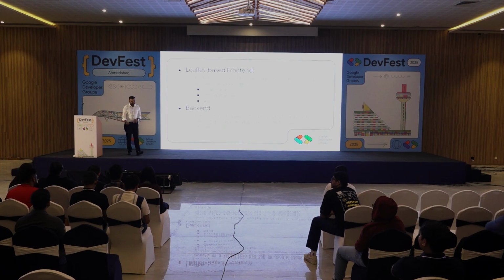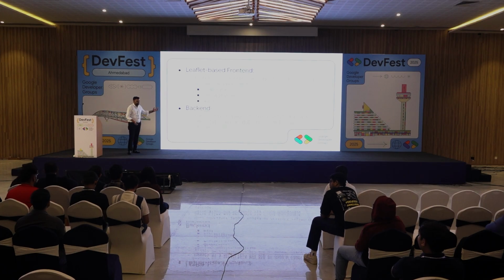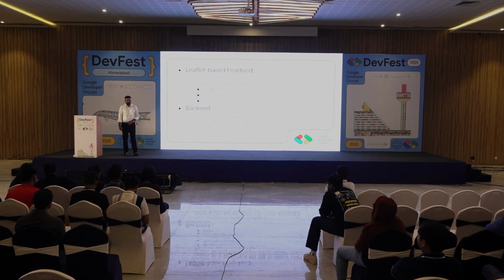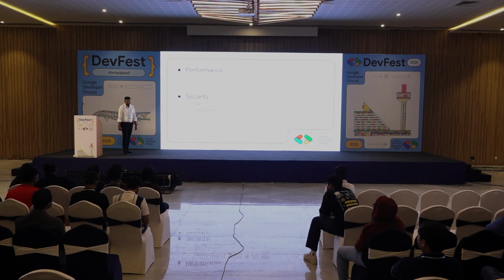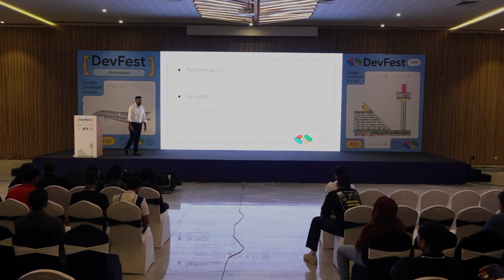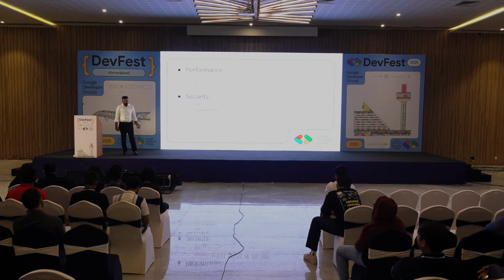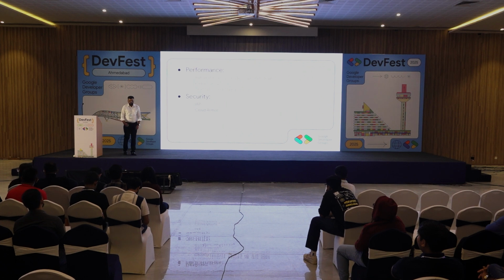So it helps the application reduce cost. For security, we are using IAP to allow only authorized users to access it, and similarly Cloud Armor is there to prevent DDoS attacks and so on.